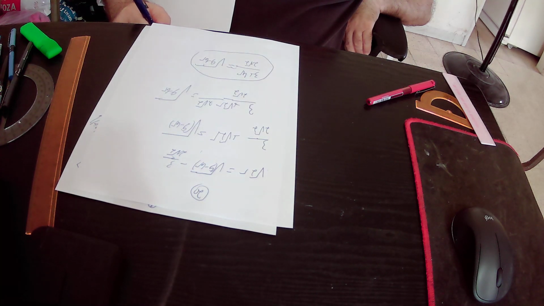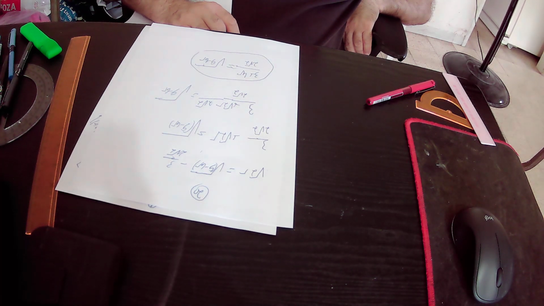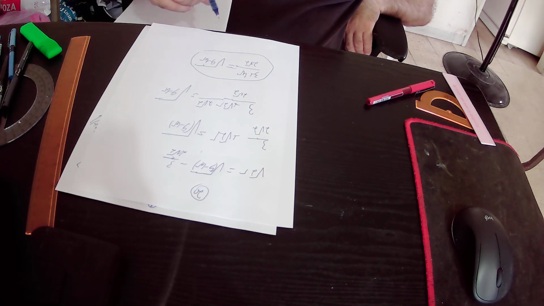Actually the square cancels the root. When we square this expression, we cancel the root, because the square and the root are two opposite functions. If you do the square and then the root, you actually did nothing, because one cancels the other. So we are only left with 9 minus 6r.